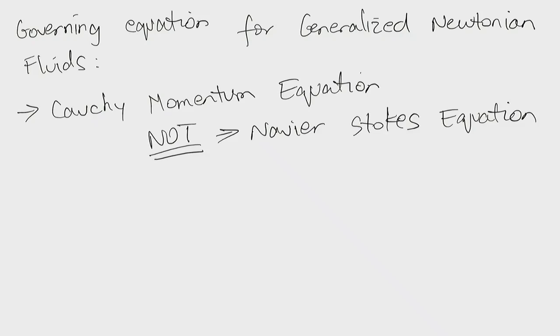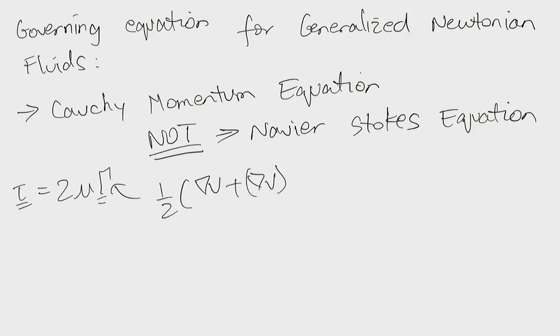And so when you start with the Cauchy momentum balance and plug in the equation, just as a reminder, tau equals 2 mu times the rate of strain tensor, and we know that this is 1/2 grad V plus grad V transposed.